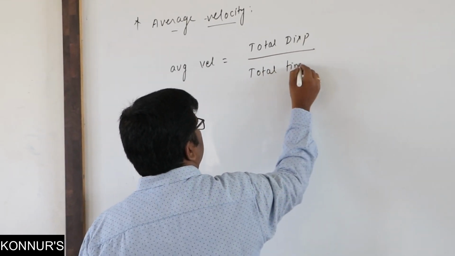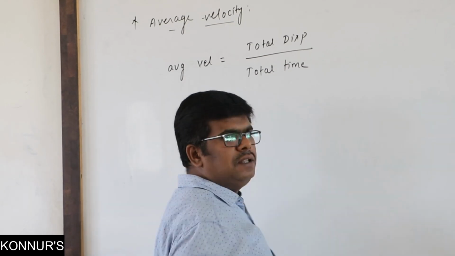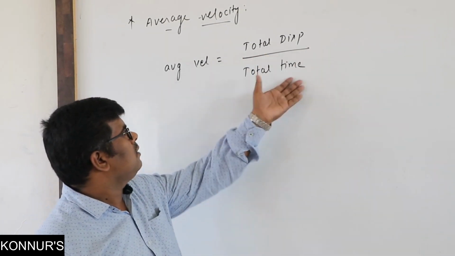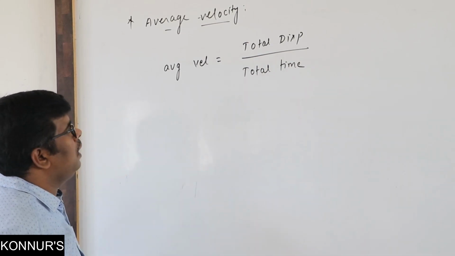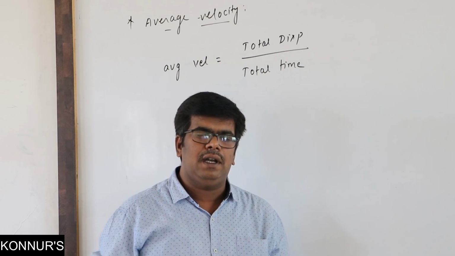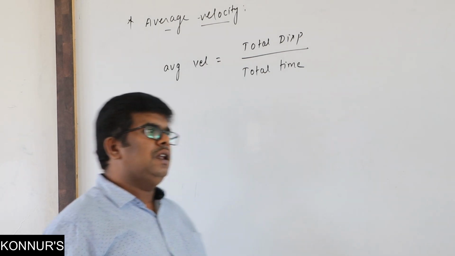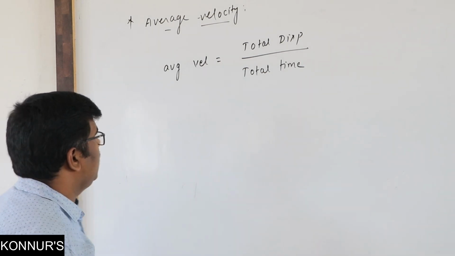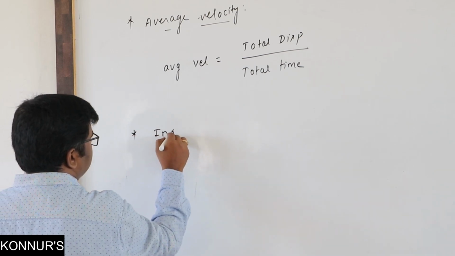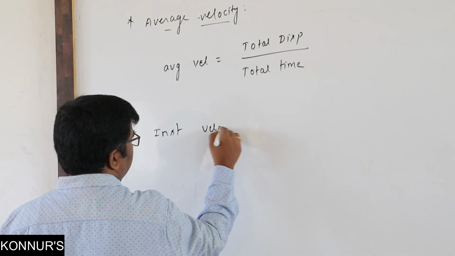What is total displacement? We know that from the initial point to the final point, the shortest straight line path is the total displacement, over the total time interval. And if the time interval is very short, that is infinitesimally small, then it is called instantaneous velocity.